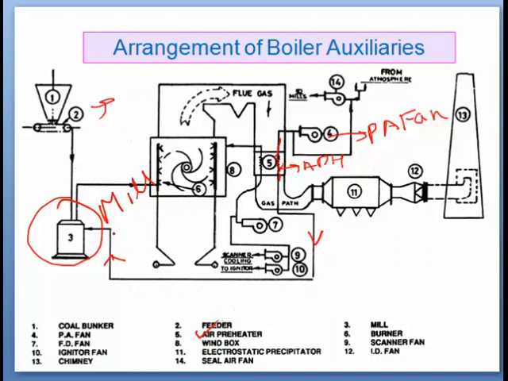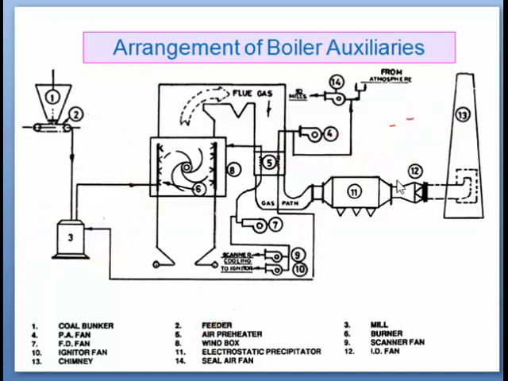Because when coal gets pulverized, its chances of absorbing moisture are more. If we send normal air, it may carry moisture, which can make lumps of the coal, and finally it can choke the coal supply line.